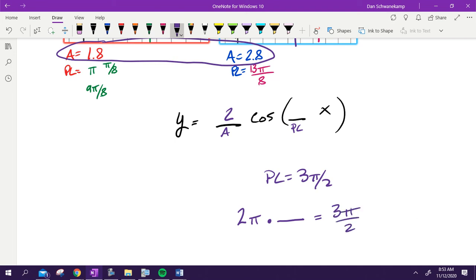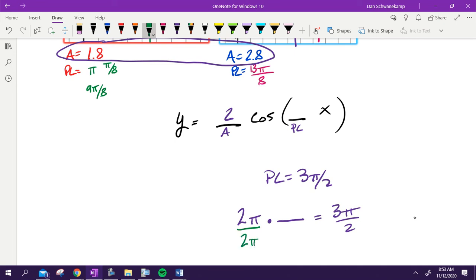So thoughts on what I could do to solve here? Matthew, if I want to get this thing right here by itself, what do I have to do? I want to get rid of this times 2 pi. How do I get rid of times 2 pi? If it's multiplied, the opposite of multiplying is dividing.